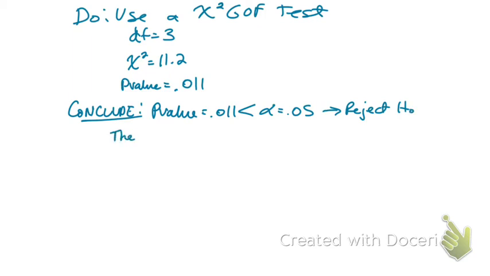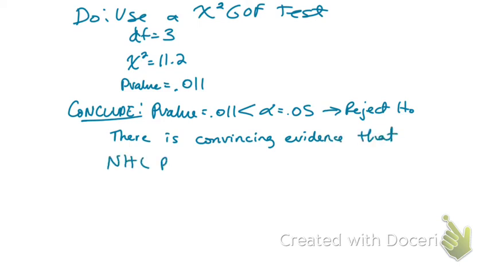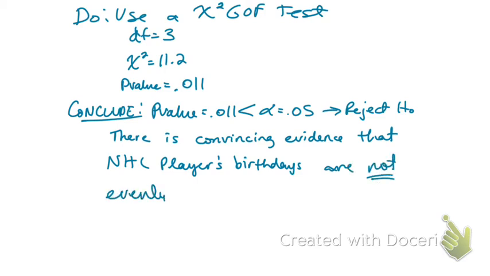Is there or is there not convincing evidence? There is convincing evidence that NHL players' birthdays are not evenly distributed.